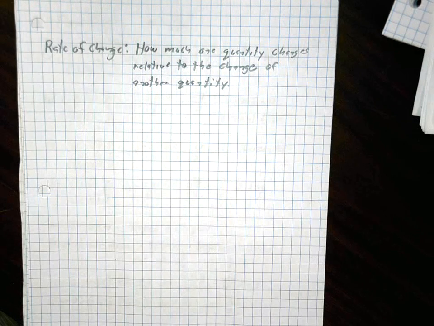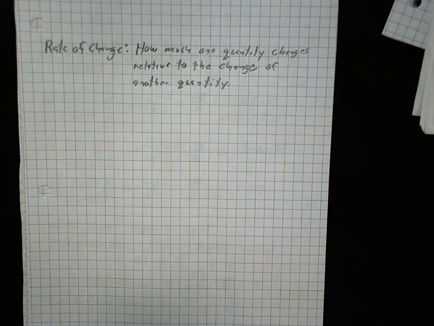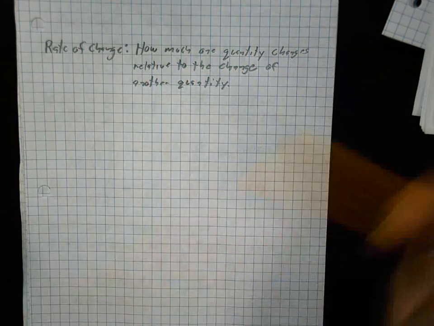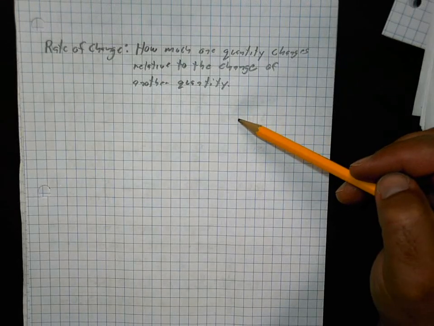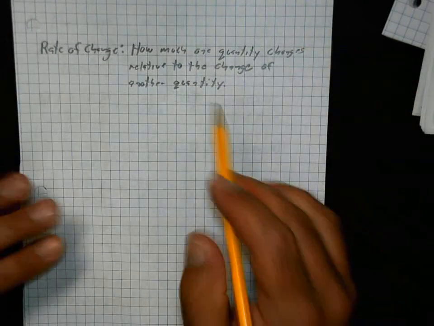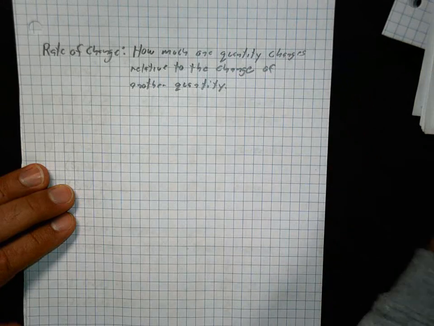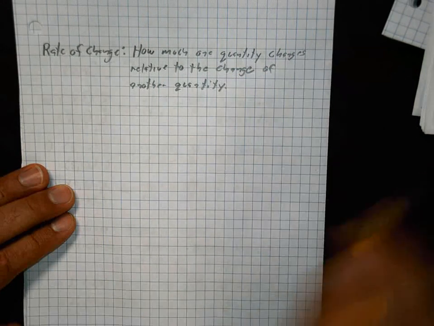Okay, so on the graph, as the x value changes, the y value changes. So that's indicated by the slope.